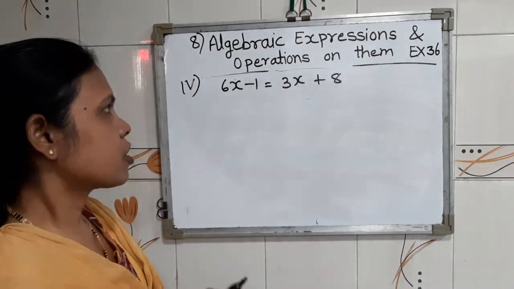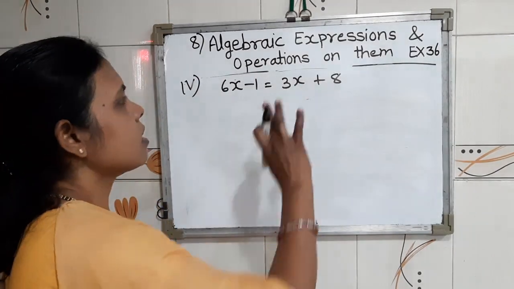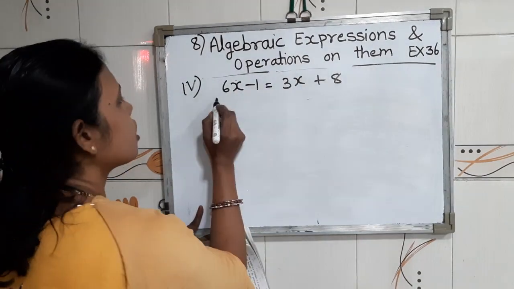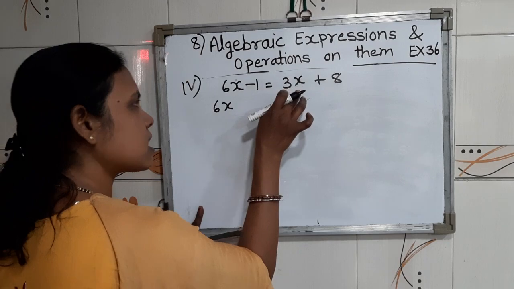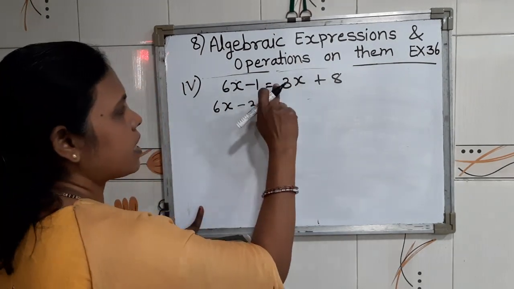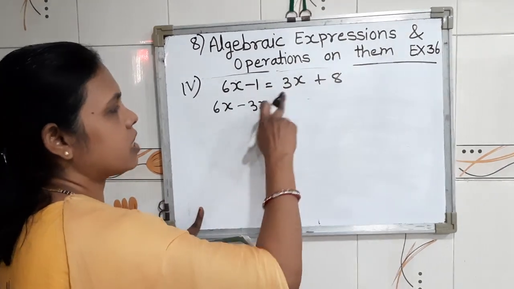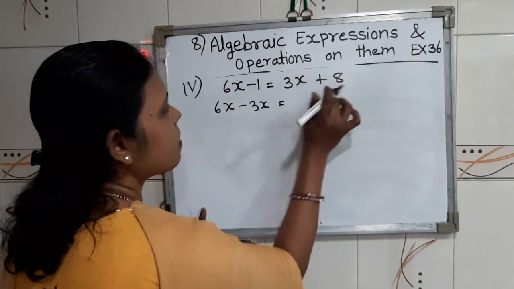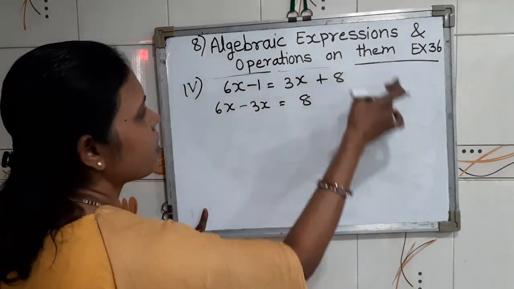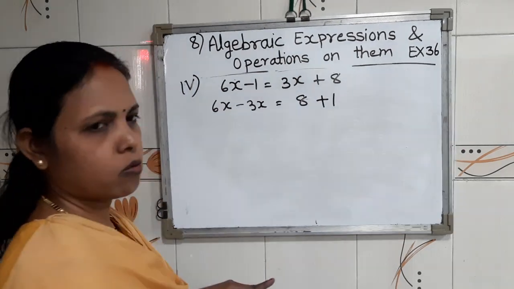So, first of all, like term we will write with the like term and numbers we will write together. For example, 3x and 6x. Therefore, 6x and this 3x we will bring in left hand side. 3x is carrying plus sign. When we had taken in left side, the sign of 3x has changed. Next one, plus 8, as it is we had written with plus sign. And this minus 1 we had written in other side, that is it converted into plus 1.